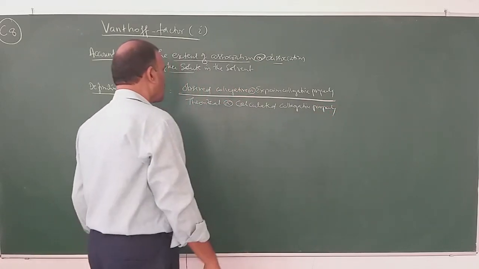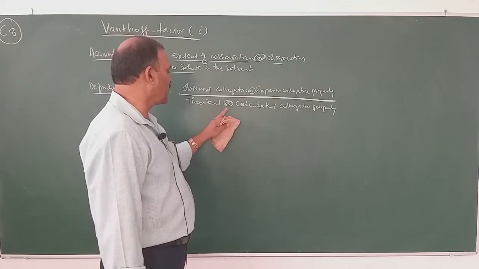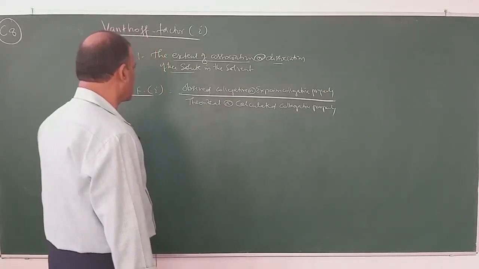The ratio of observed or experimental colligative property over the theoretical or calculated colligative property is known as the Van 't Hoff factor.